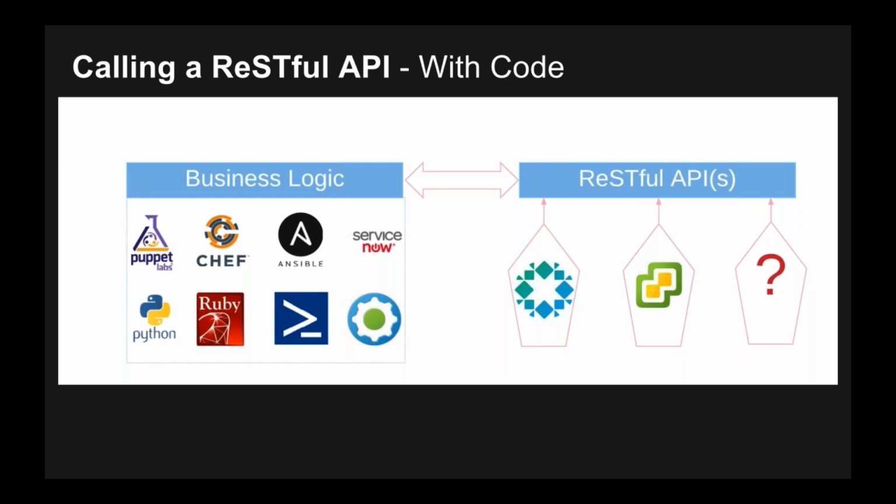So having that RESTful API really enables all of the business logic to be built in any of those solutions for sure, and tons more. My team has been able to develop integrations between RESTful APIs for Puppet, for Chef, for Ansible, for ServiceNow, for VRA, obviously, for PowerShell. Actually, that's Chris Wall's module.